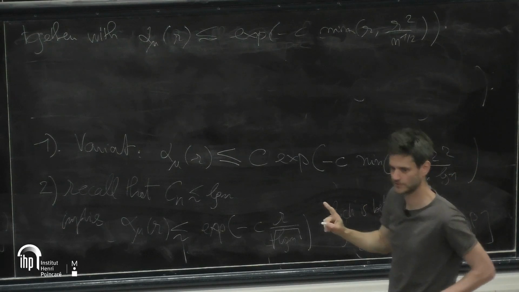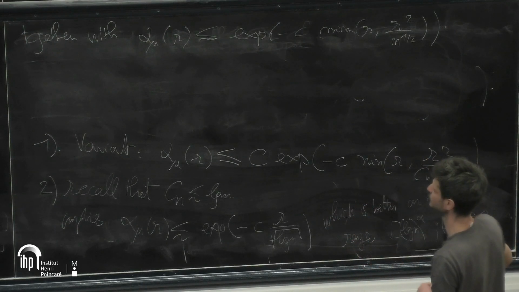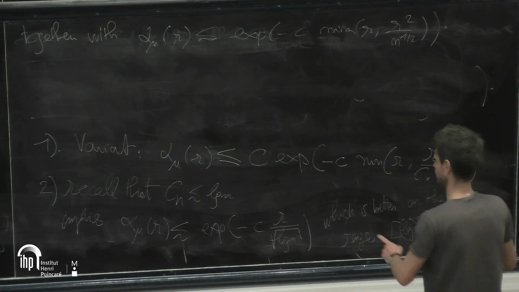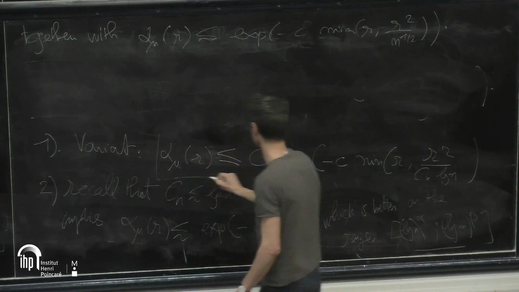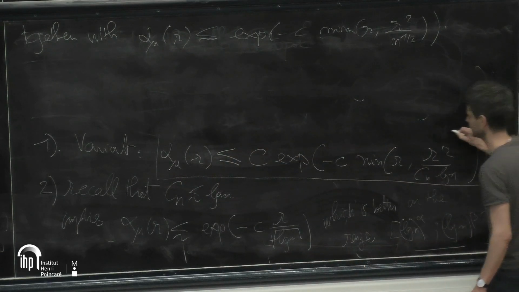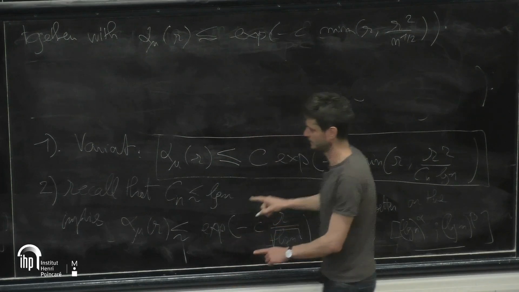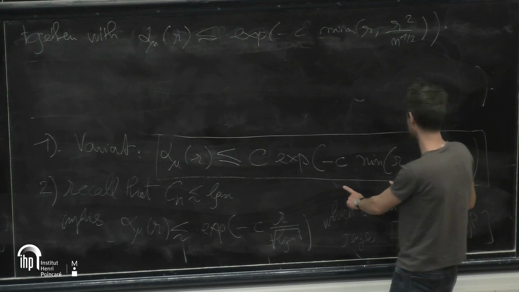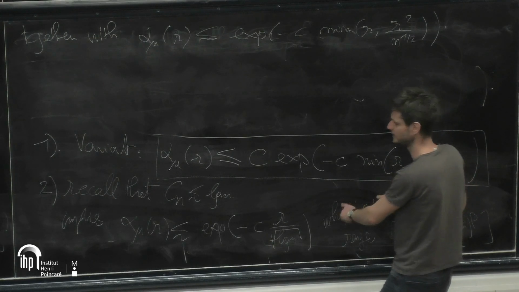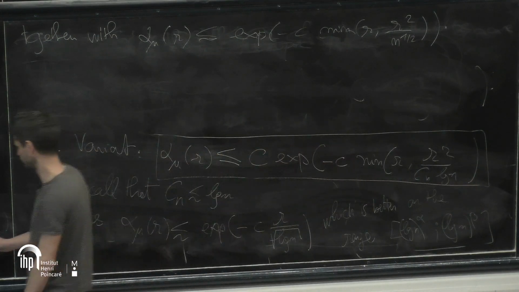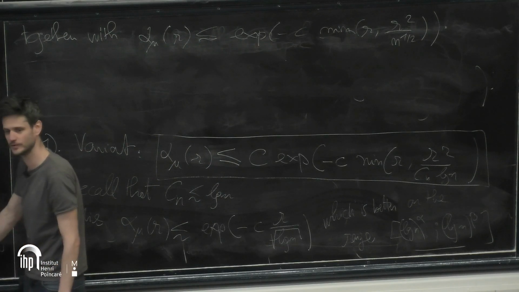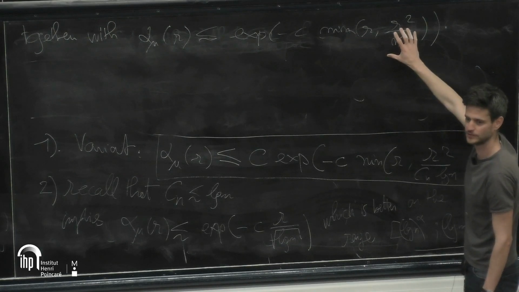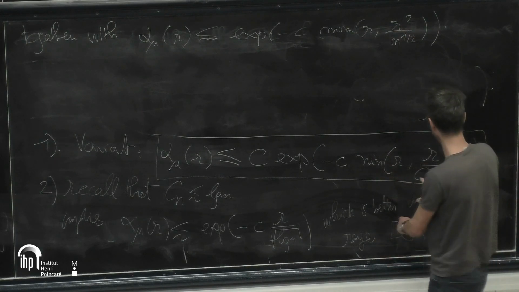I don't know if you're following me, I've erased the theorem. You see, Lee and Vempala prove the Poincaré constant is at most square root n, and this deviation estimate without the log n, with the square root n here. Here, I have a log n.